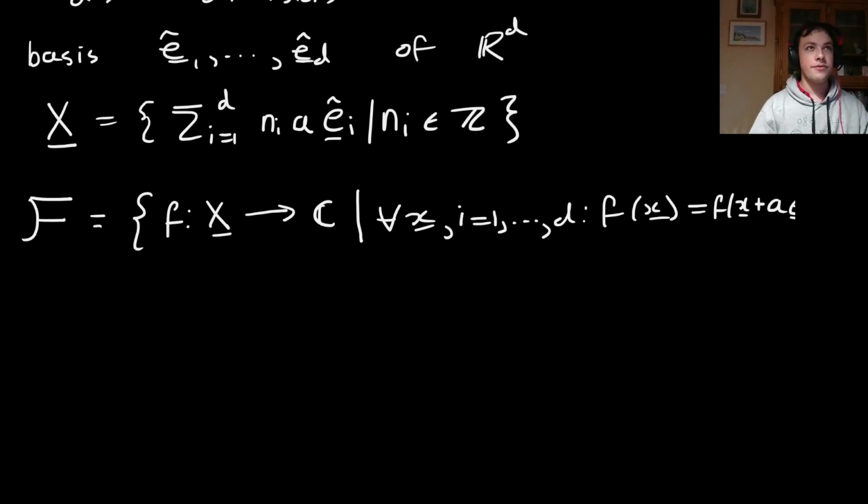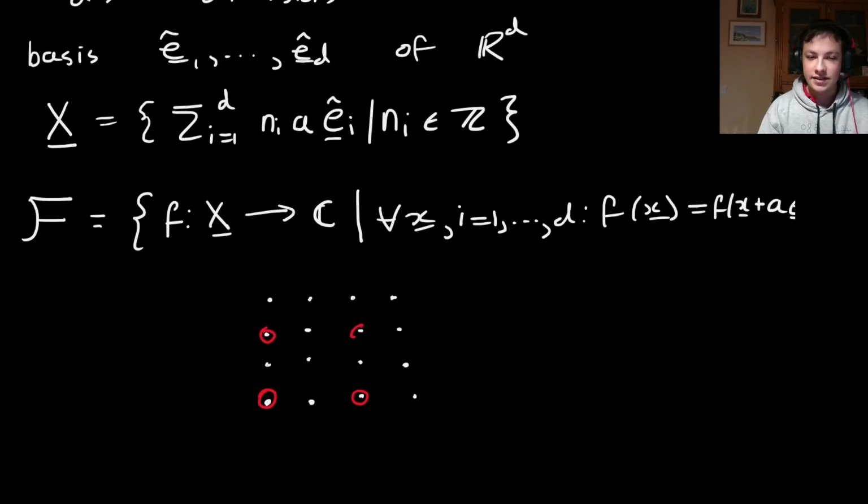So let's say we've got this regular grid, 1, 2, 3, 4, like this. What we could do here is, let's be a bit boring and put n equal to 2. Then the function evaluated here must also be the same as the function evaluated here, as here, as here. This is d equals 2, n equals 2.